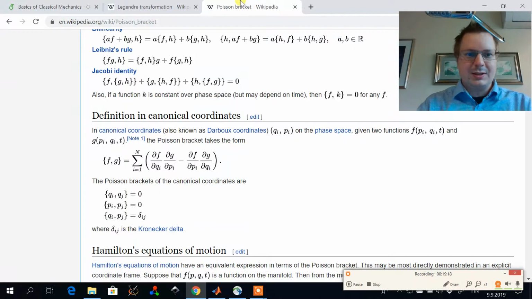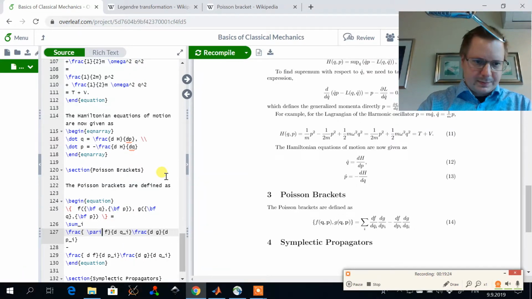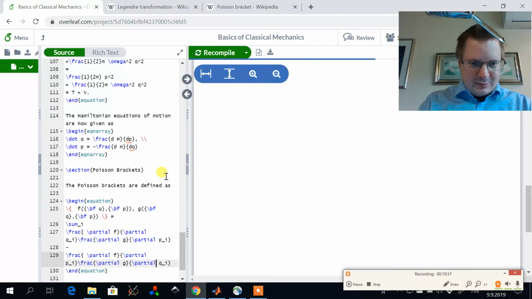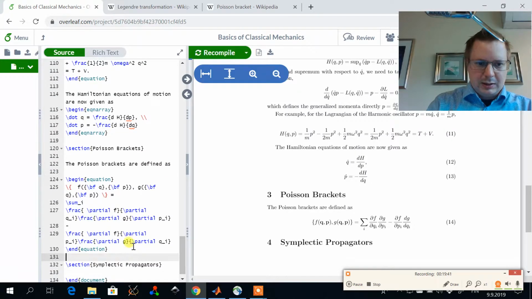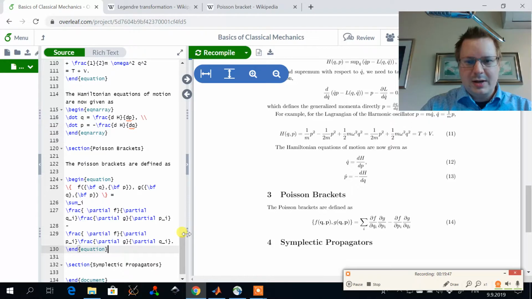Let's just check that it's correct. Yep, we can change the d's to partials. So this is the definition of the Poisson bracket. And the thing is that we can now write the Hamiltonian equations of motion in a very simple form.